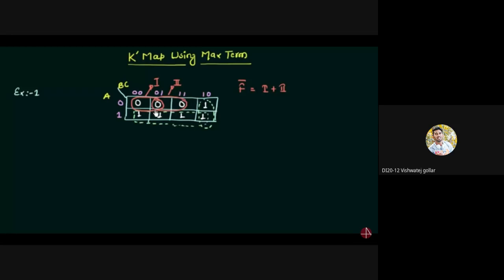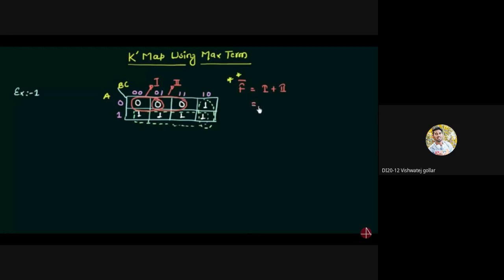These are the values of your f, that is your output. When we group the ones, it is true, so we just write f with no complement sign. But when we group zeros, we have to give a complement sign here, that is bar or dash. So this is a common mistake that students do, so just keep it in your mind that you have to write it as f complement.